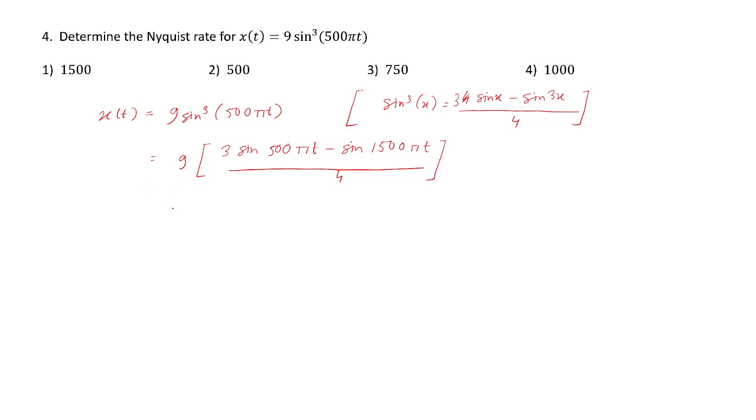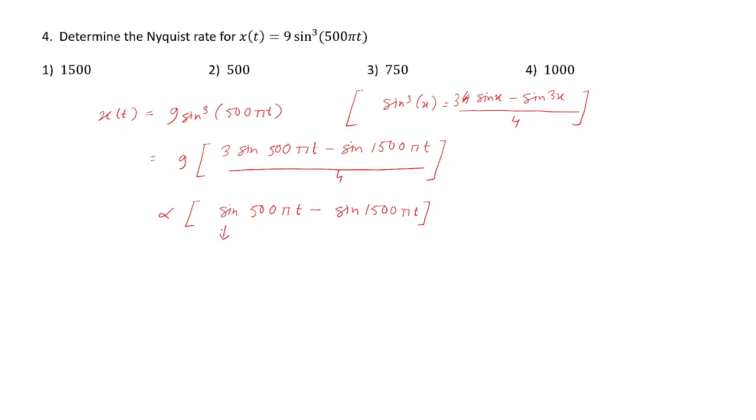So I am ignoring this 9 over 4 part, writing this as just proportional to, considering only the frequency components, that is sine 500 pi t minus sine 1500 pi t. Again you see x(t) has two frequency components.